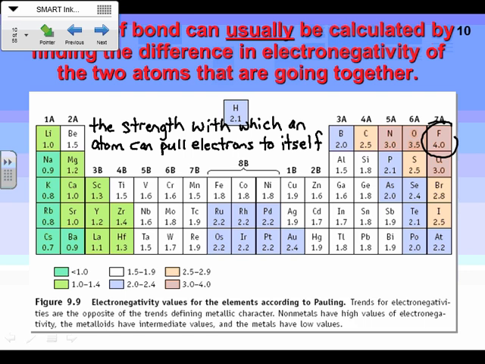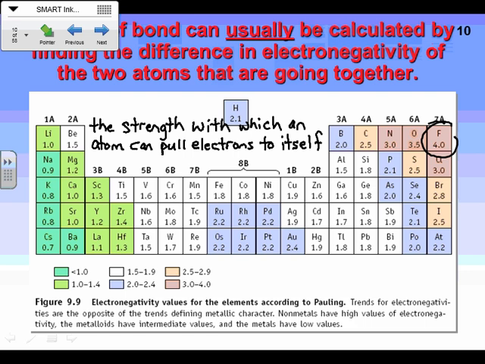The reason fluorine's so electronegative might make sense, because fluorine is in column 17, so it has 7 valence electrons. It wants one more to be like neon, so it makes sense that that would be the most electronegative. Everything in that last column, fluorine, chlorine, bromine, iodine, all the way down, they have fairly high electronegativities.